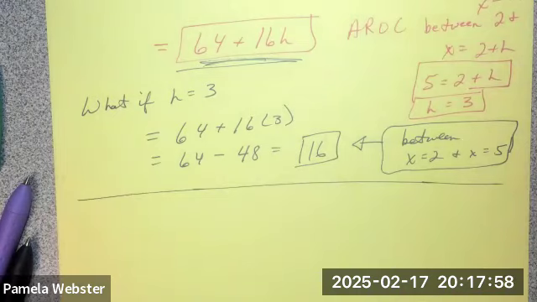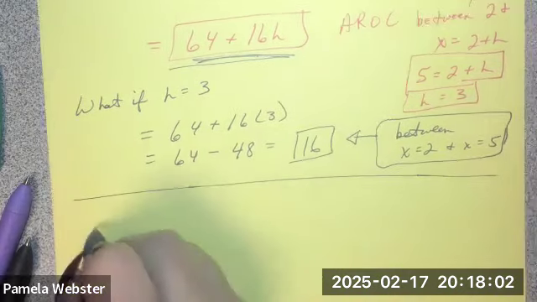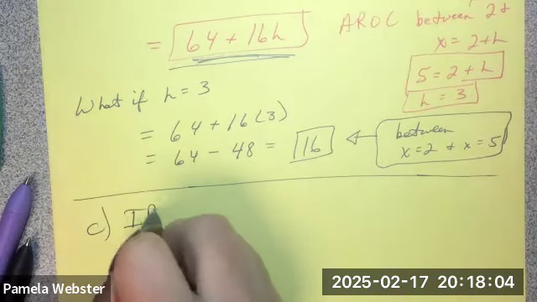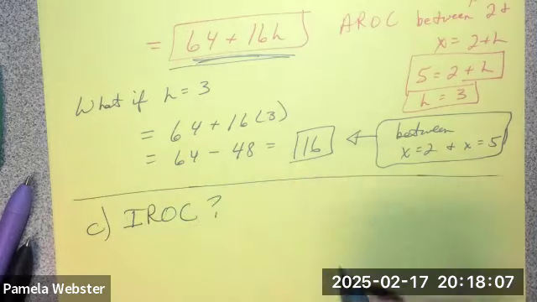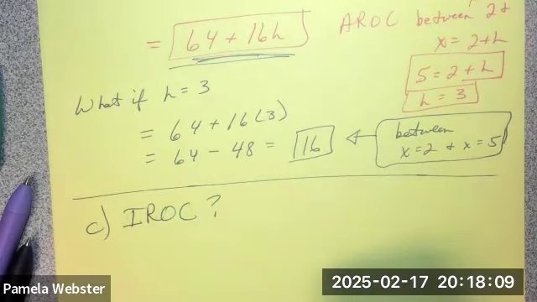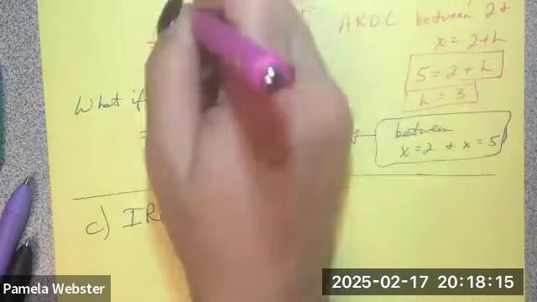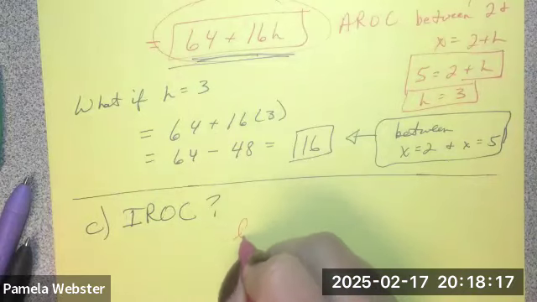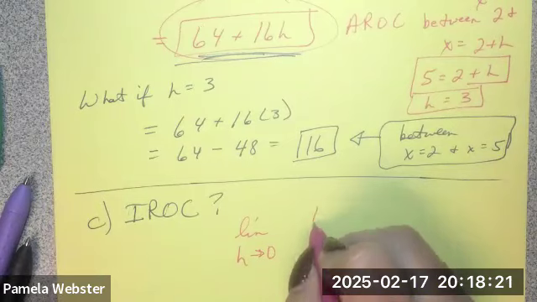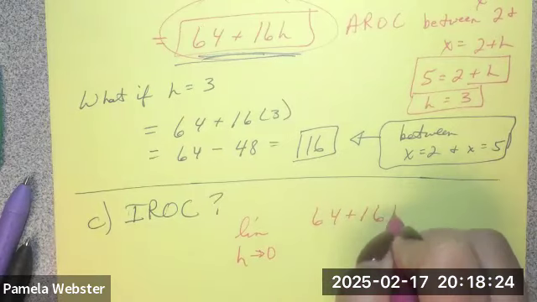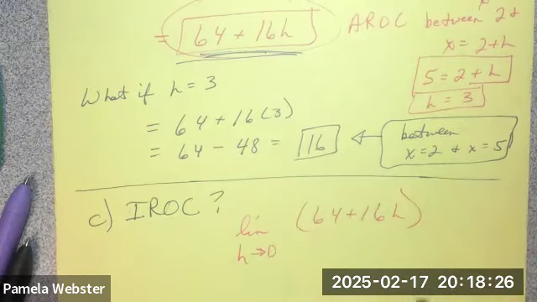All right. And the last possible thing for this particular problem that they could say, part C, find IROC. Okay. And again, we should be really good with that by now, because all you're going to do is take your average rate of change and find the limit. That fourth step, right? The limit as h goes to 0 of that guy.